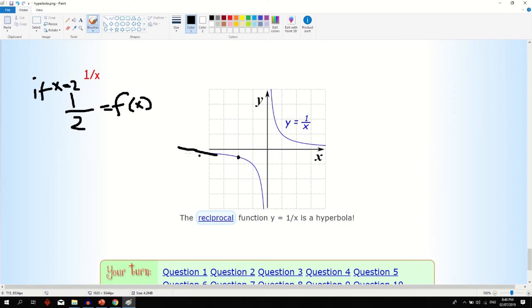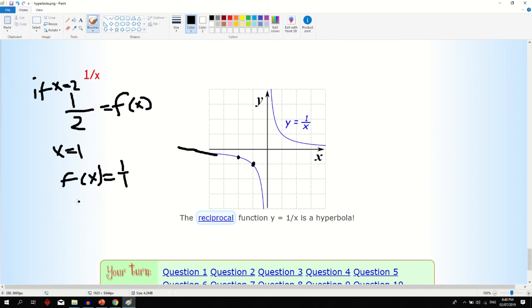It is 0.5. Then if x equals 1, f of x will become 1 over 1. So you can see it here, right?